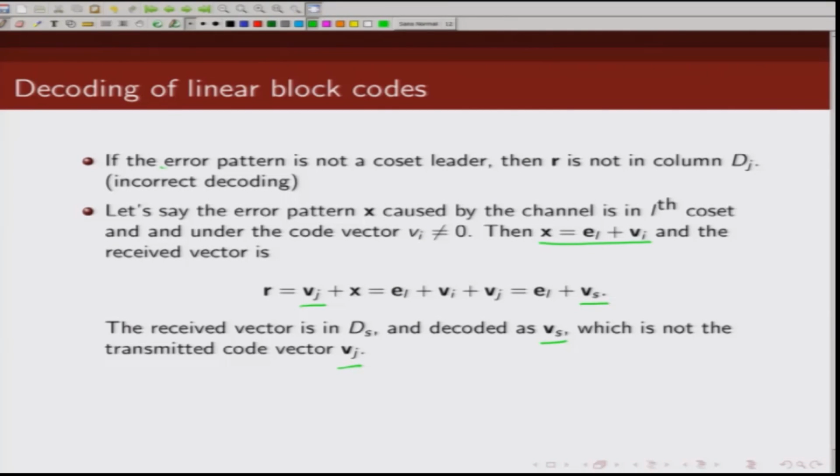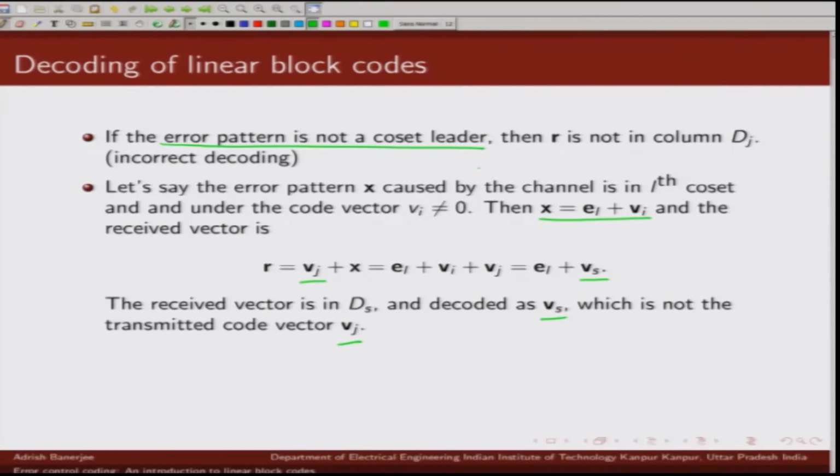If your error pattern is not a coset leader, then R would not be in the same column as Dj. If this had been a coset leader, this would have been just El, and then the received sequence would have been just El plus Vj. So, this would still have remained in the partition Dj, and we would not have made a mistake.